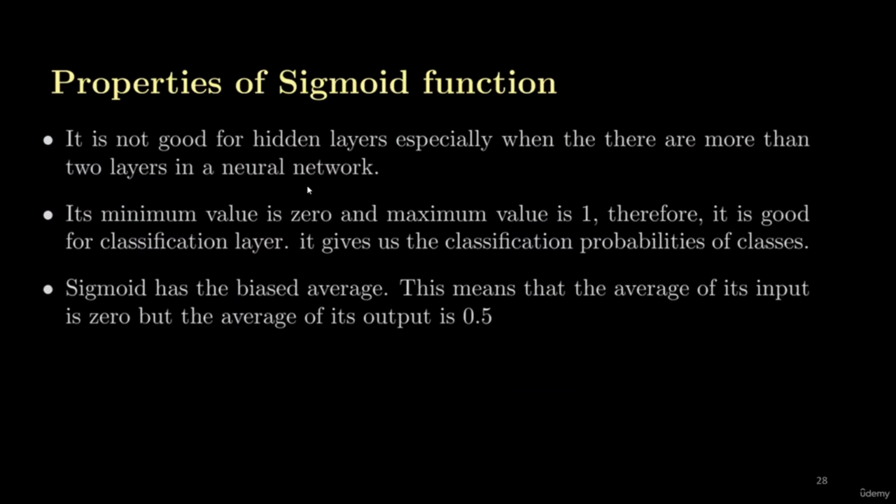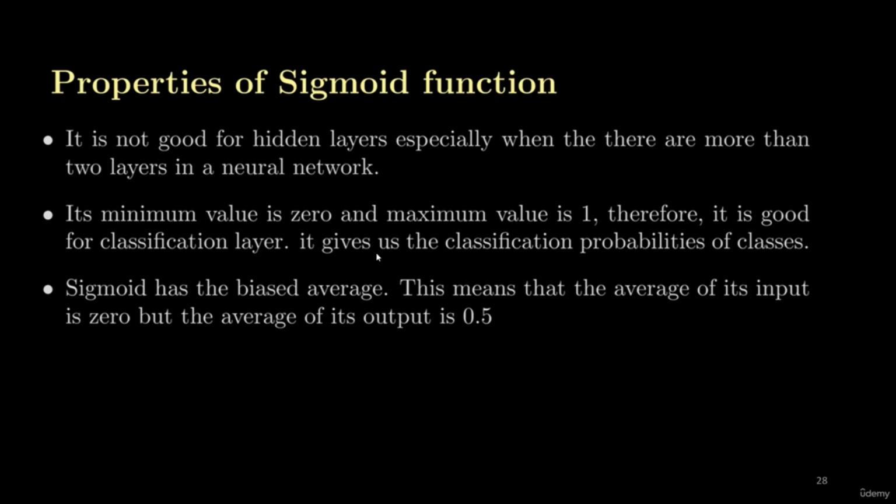The first property is it is not good for hidden layers when there are more than 2 layers in a neural network. That is, if we have more hidden layers in the neural network, it is not a good idea to use sigmoid as an activation function with the hidden layers. So in the next slide, we will see why. Its minimum value is 0 and maximum is 1.